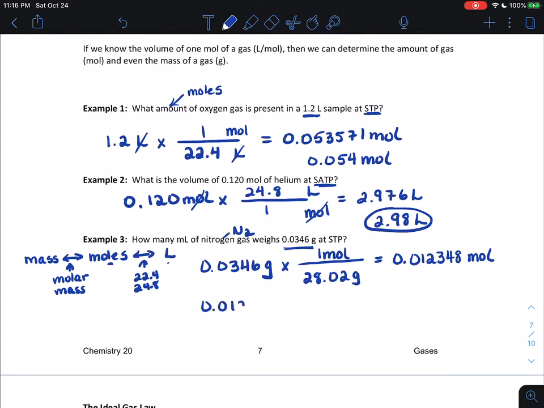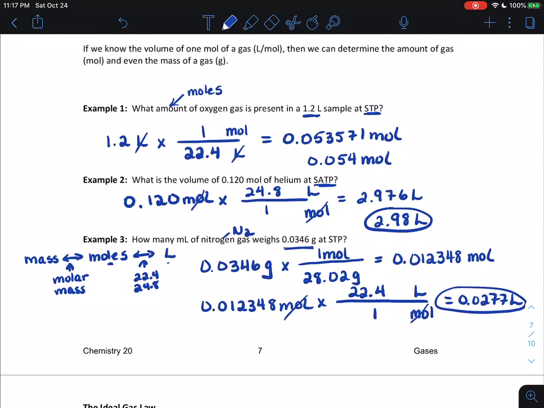And then my second step, I'm going to start with that number. Now I'm going to use molar volume. So again, this is STP. My moles go at the bottom, my liters go at the top. And so I know that it's 22.4 liters in 1 mole. My moles cancel out, and this turns out to be 0.0277 liters.